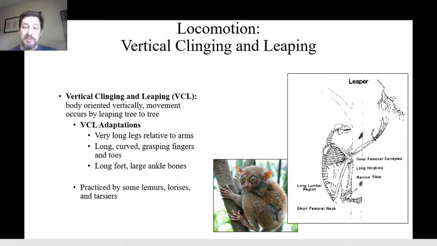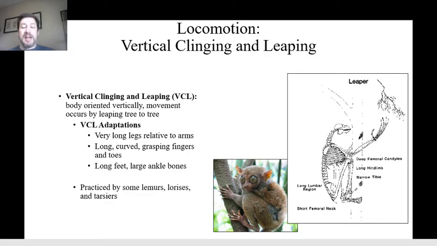So the main adaptation for VCL is that your body is oriented vertically. These individuals spend most of their time hanging on the side of a tree, as shown here. And in order to do that, they have very long fingers in order to grasp on to the tree constantly. And you have to watch the video in order to really get this, what they do is they literally bounce sideways and just catch on to the next tree. It's a really weird looking sort of movement.